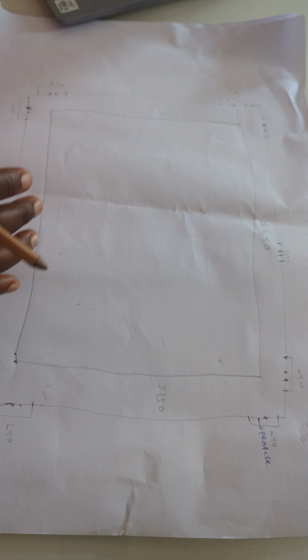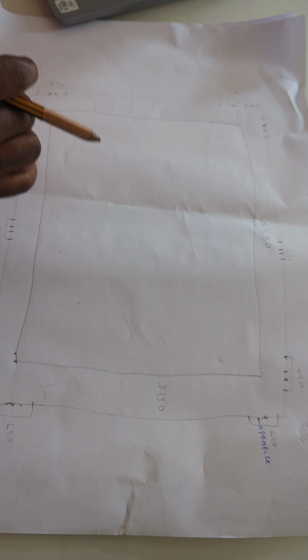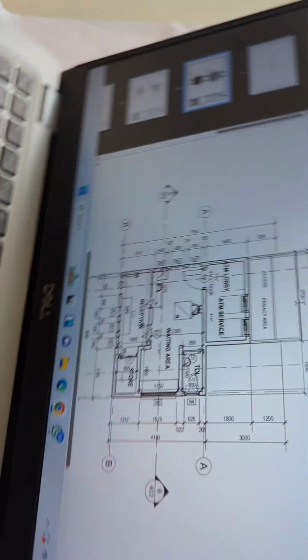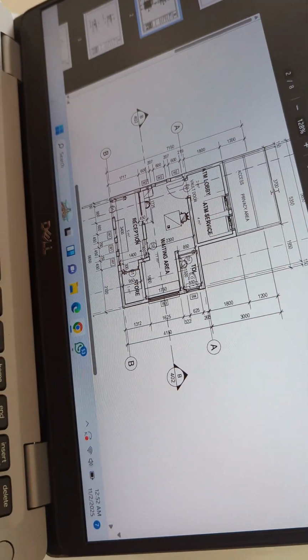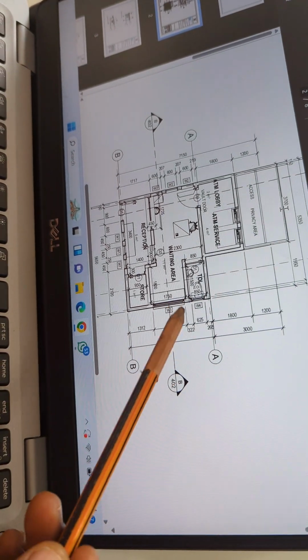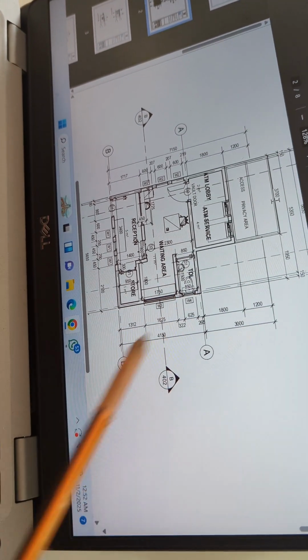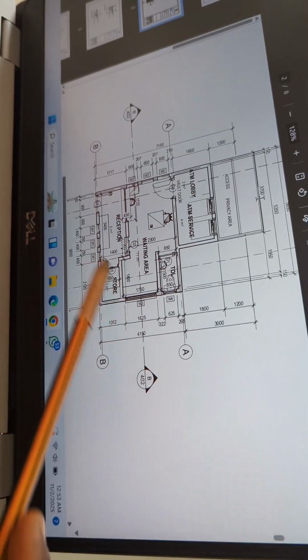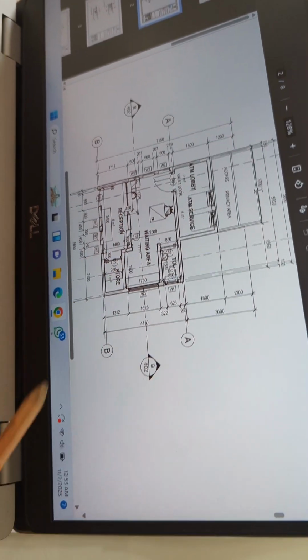So the next thing you're going to do is take out another dimension. If you look at this dimension from here to here, we have a toilet. Now if you are going to do hardcore filling, you do not need to take all the internal dimensions.